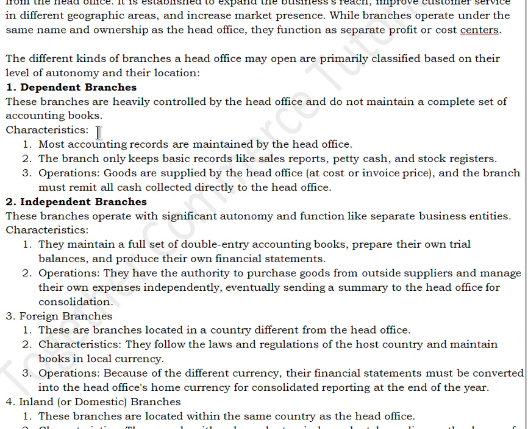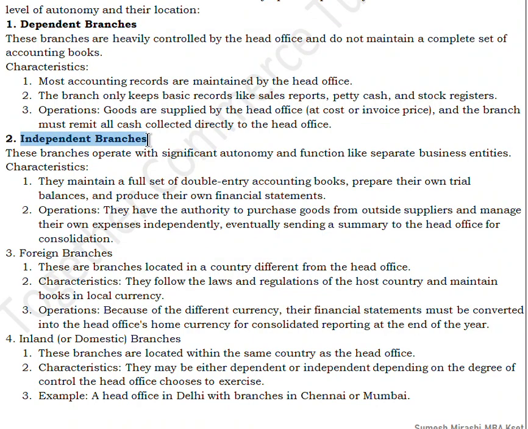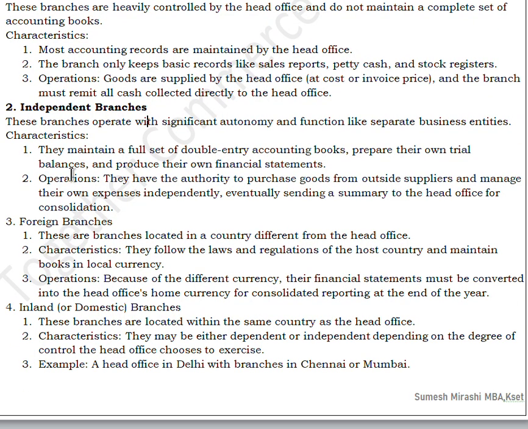Then the types of branches are dependent branches. The branches which are heavily controlled by the head office are called dependent branches. They don't maintain separate accounting books. They will have their accounting done by the head office only. Then the second type, independent branches. They are not completely dependent on the head office. They operate on their own, and they also maintain their own records.